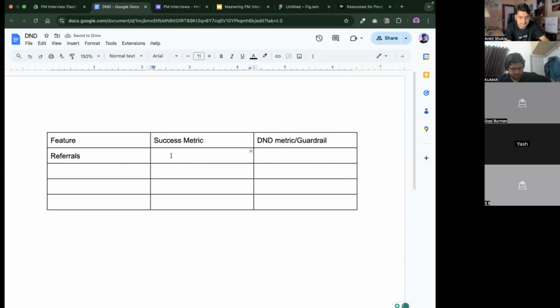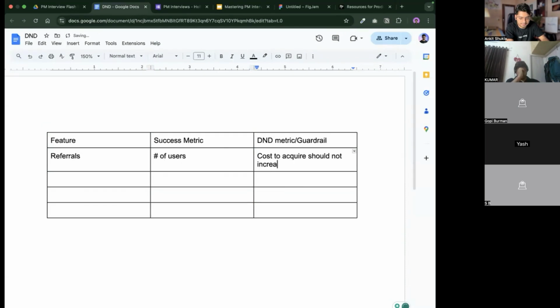Now in referrals, whenever the referral is created, we should make sure that yes, the number of users should increase, right? This is a success metric. But the DND metric is cost to acquire a customer should not increase. This should be in check, right? Because people are coming from referral, we should pay maybe similar or less money for them.